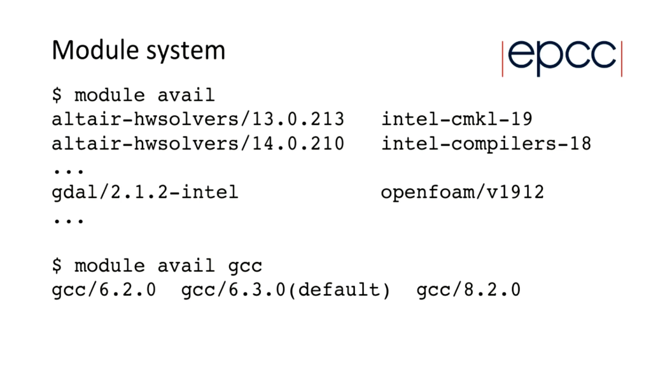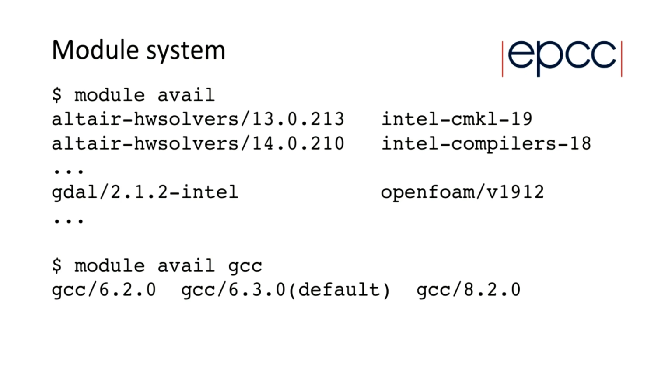So, for example, this Altair stuff is a sort of multi-physics package for which you must have a license. There's things like Intel compilers. There's also open source software. So GDAL is geospatial data manipulation, and OpenFOAM is a CFD classic.